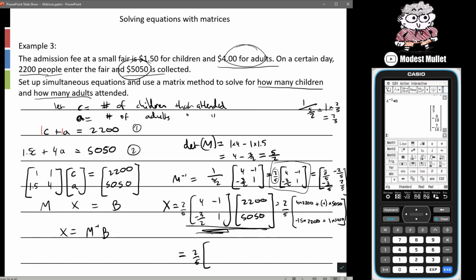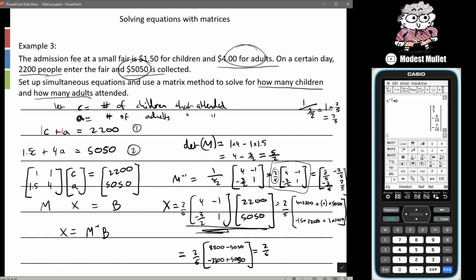4 times 2200 is 4 2s are 8, so that's going to be 8,800 take away 5,050, and 1/2 of 2200, well, a half of 2200 is 1100, so that's going to be negative 3,300 plus 5,050.